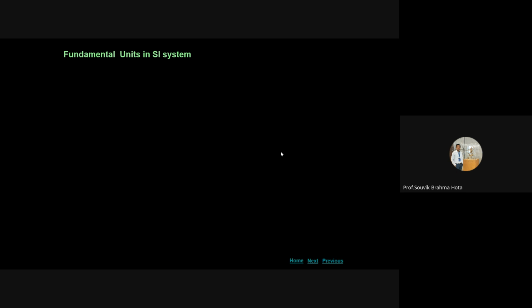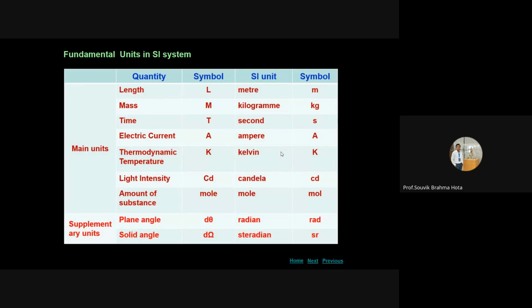Now the fundamental units in the SI system. These are the things you can see. For the quantity length it is L, for mass it is M, for time it is T. For electric current it is ampere.